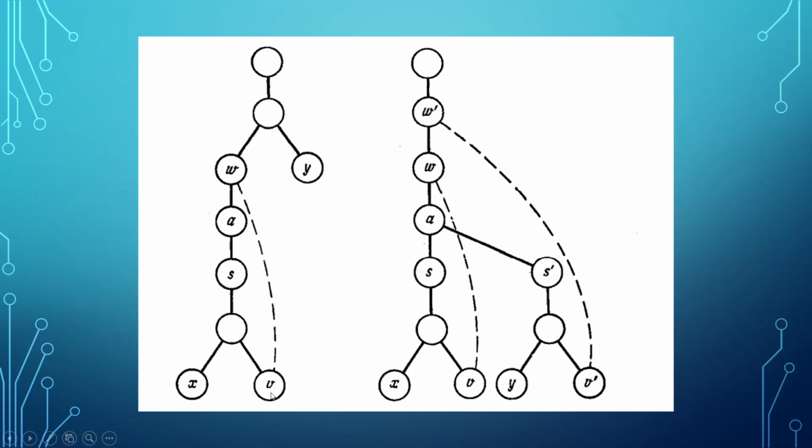Let V be a descendant of A as well as X, and we have a back edge VW. When we start here, we go right here, and then we get to V. Using back edge VW, we get to this vertex. This vertex, I mean W, is a proper ancestor of A in this situation.